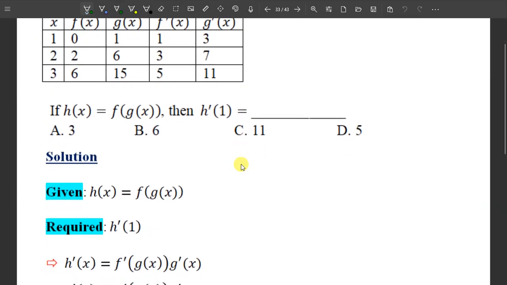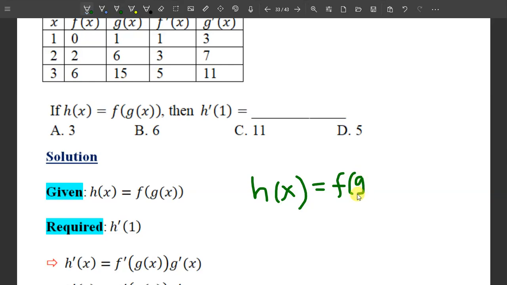Therefore, we begin from this expression and differentiate both sides. You can alternatively use that word; derivative or differentiation are the same thing. Here f of g of x is a composition of functions. If we differentiate both sides, then we need to apply the chain rule.